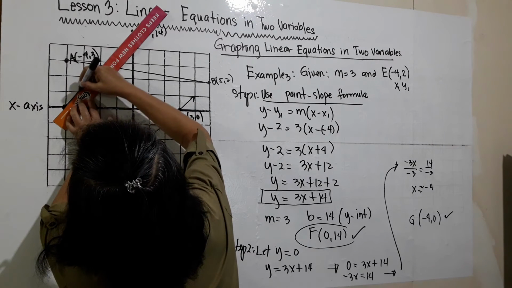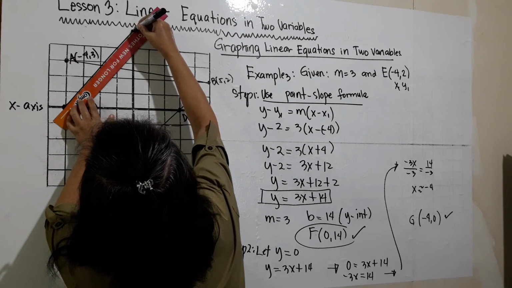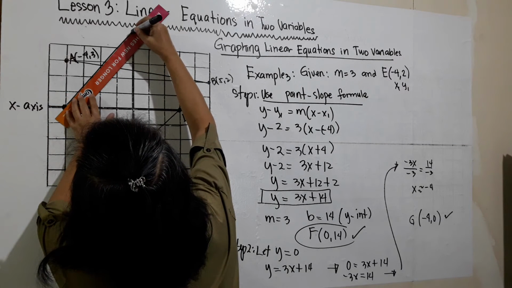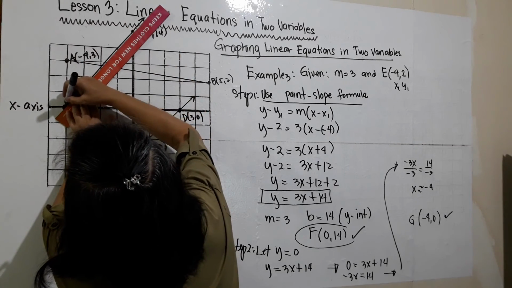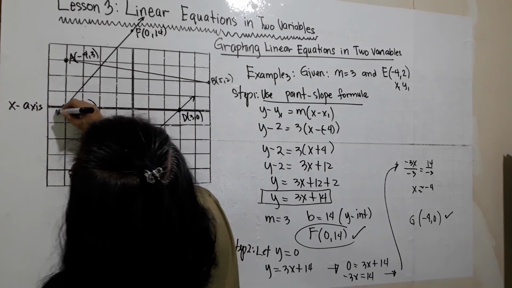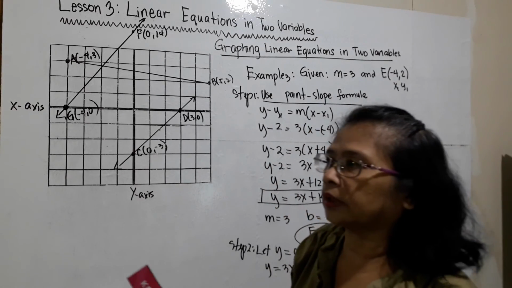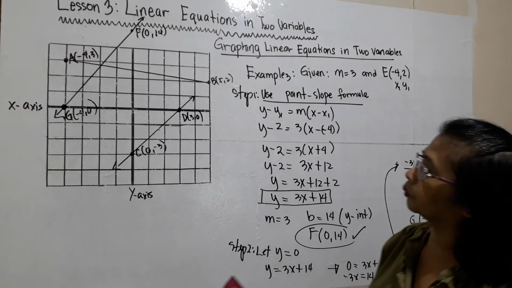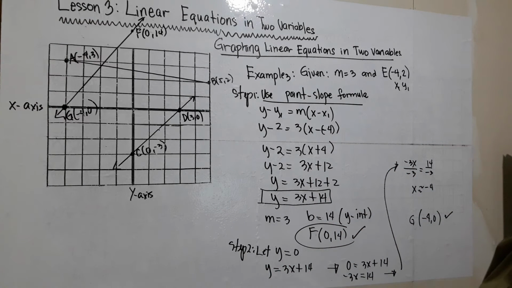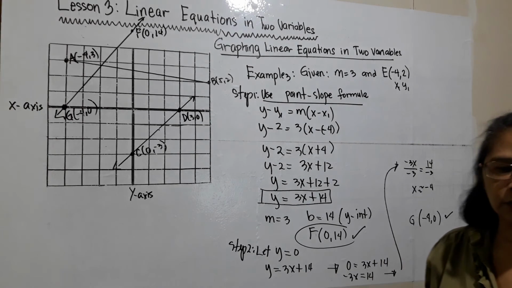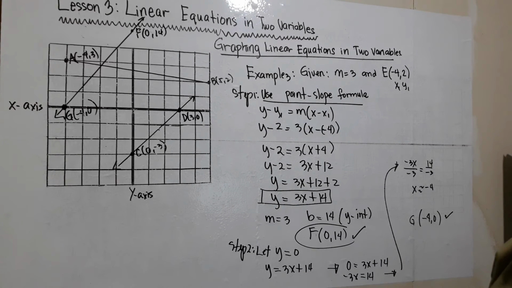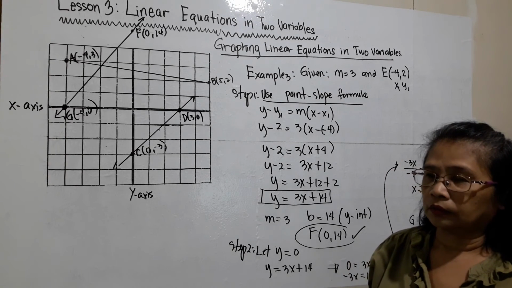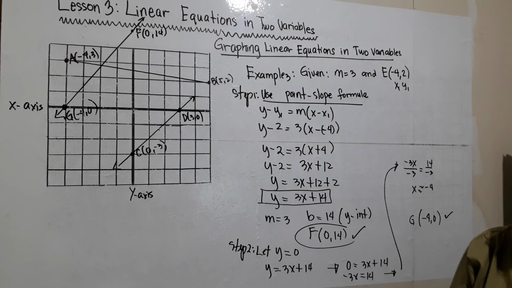What do you think would be the direction of the line of the linear equation? It is going up, meaning the slope is positive. It's increasing from left to right, then the slope is positive. Okay, do you know now how to graph linear equations in two variables? You need at least 2 points to graph the linear equation.